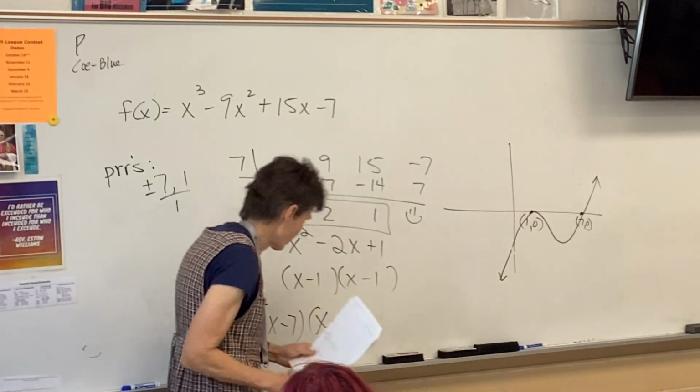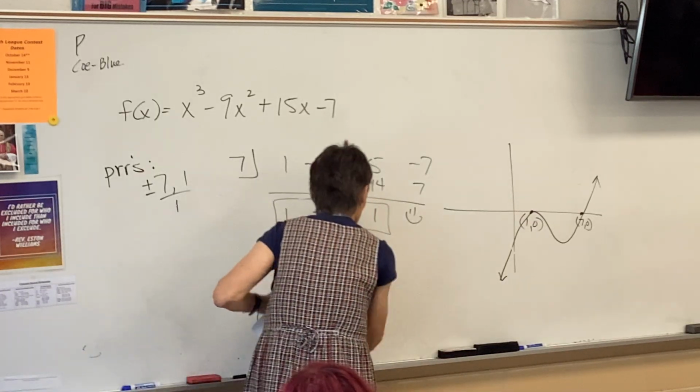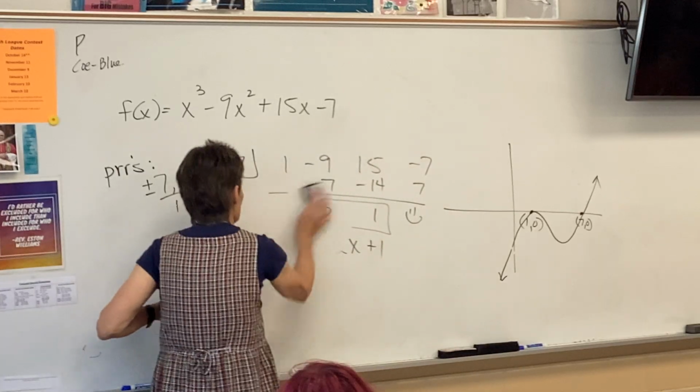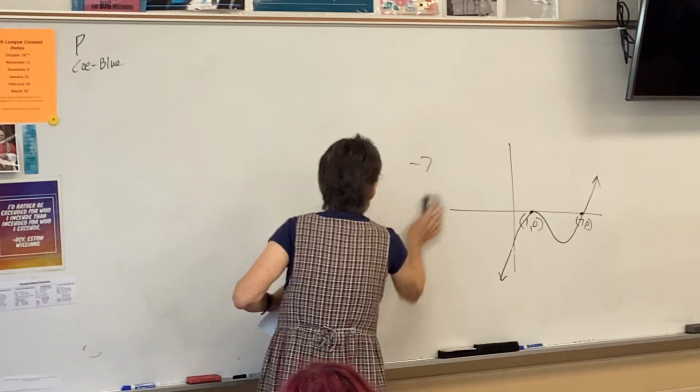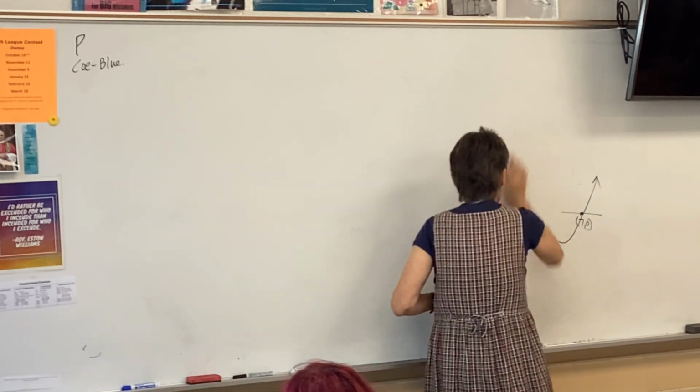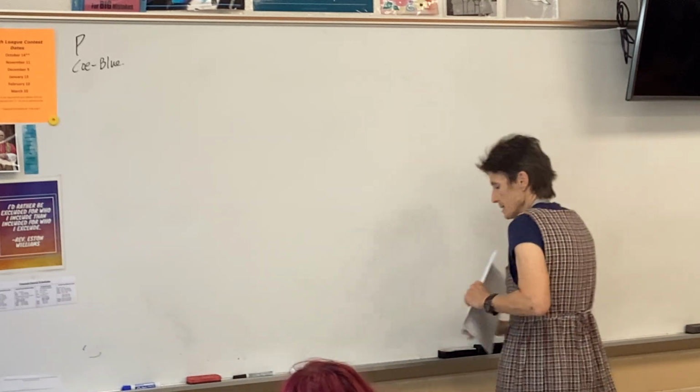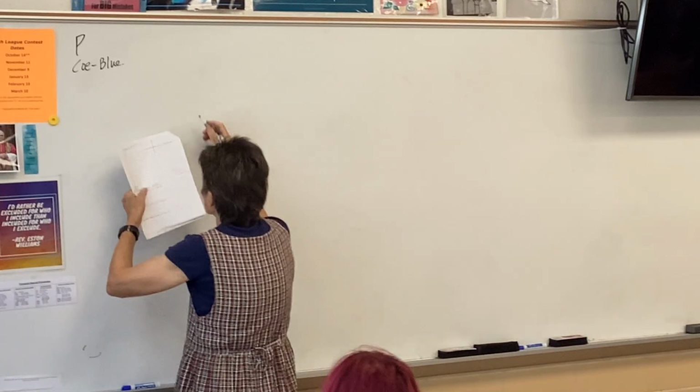All right, so here's one. I need a volunteer to come up and do it on the board. I'm not gonna do any of this. So you can come up with a friend, or you can come up by yourself. But I need you to factor and sketch it. Here it is.